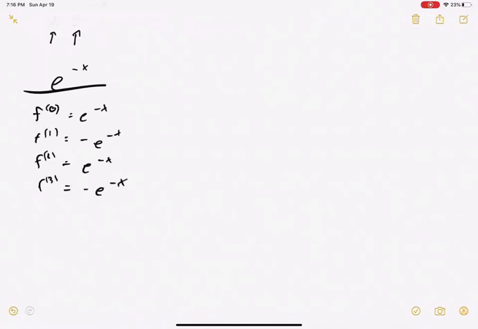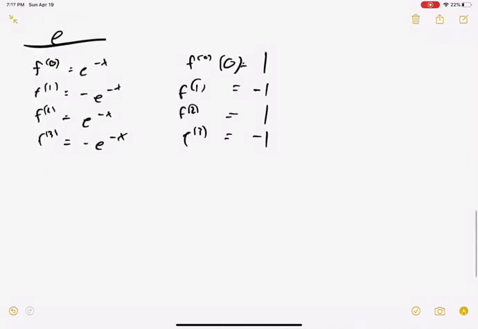And then I'm evaluating these at 0. So f0 of 0 would be 1. And then I'd have negative 1, positive 1, negative 1. So we can see pretty quickly it's just an alternating sign.